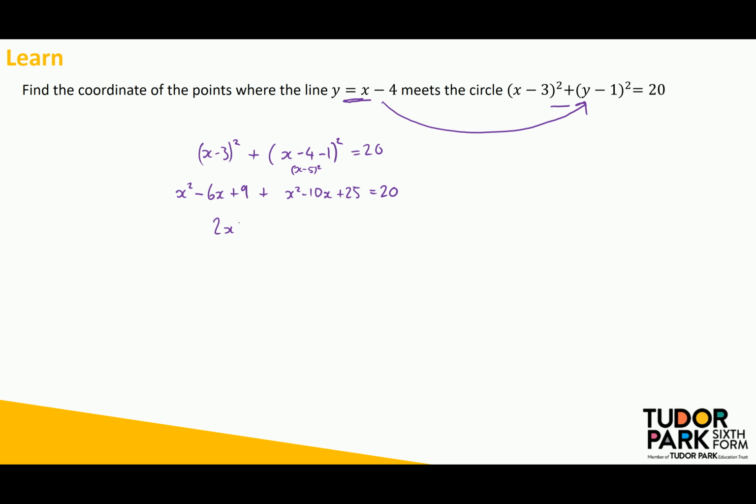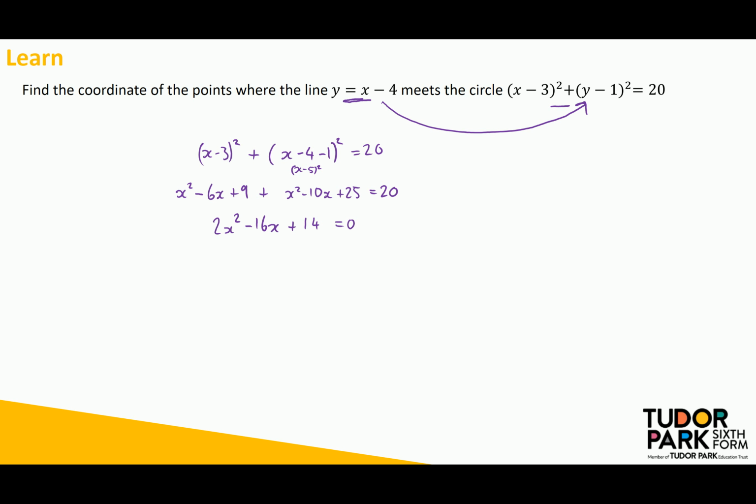So again, square, twice product, square would give me x squared minus 10x plus 25 is equal to 20. Collecting like terms, that's 2x squared, minus 6x minus 10x is going to give me minus 16x, and 9 plus 25 is 34, so plus 34 minus 20 is going to be 14, which is equal to 0.